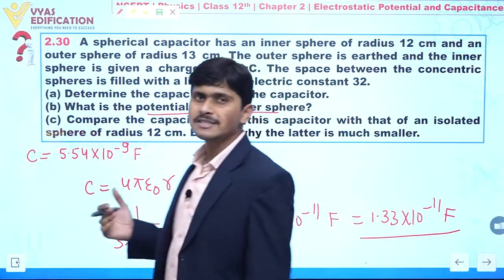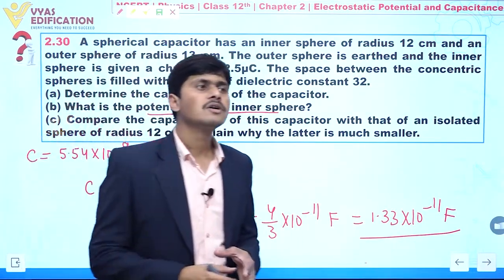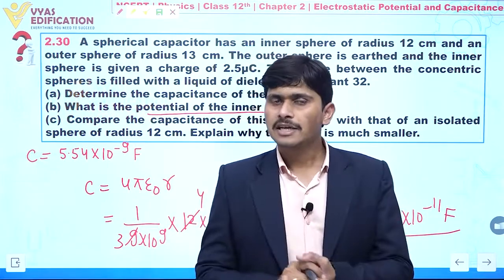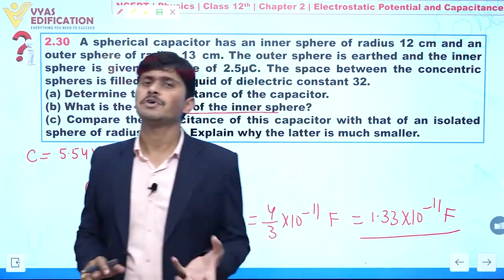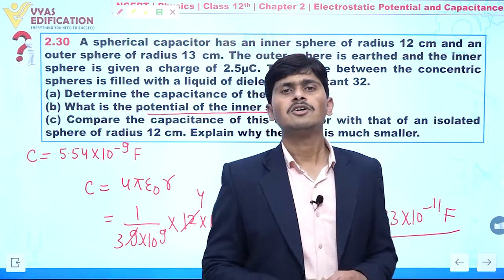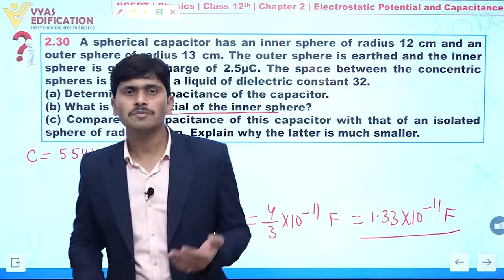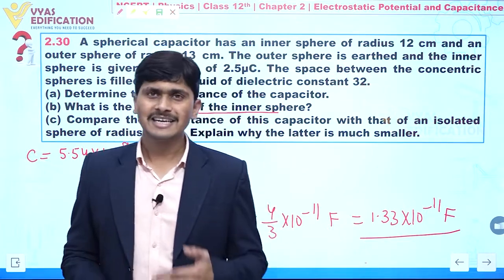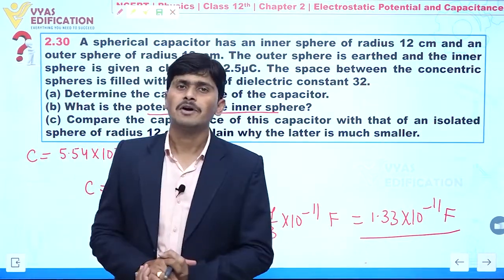Why is this happening? Because of the uncharged spherical shell we are reducing the potential difference. When delta V reduces, the value of C increases, because C is given by Q by delta V. Clear to everyone? So this is all about this question.